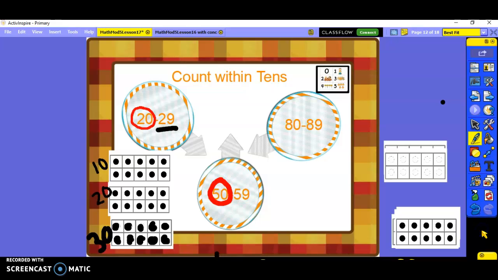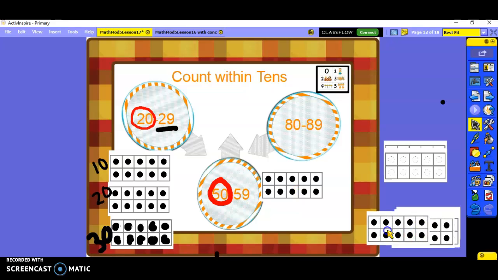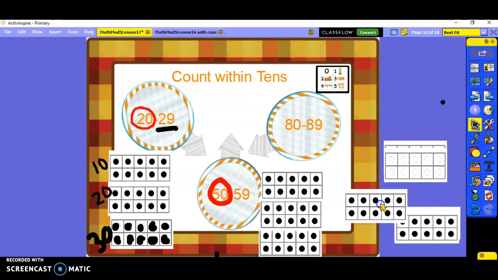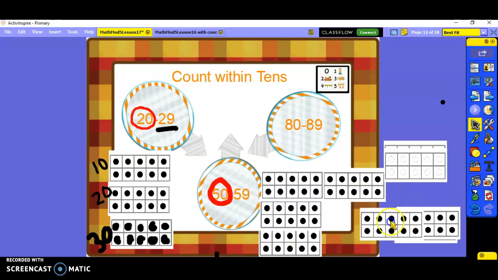Remember, we have to count by ones. Miss Nakia is going to get our frames ready. We need 5 tens. We need 10, 20, 30, 40, 50.